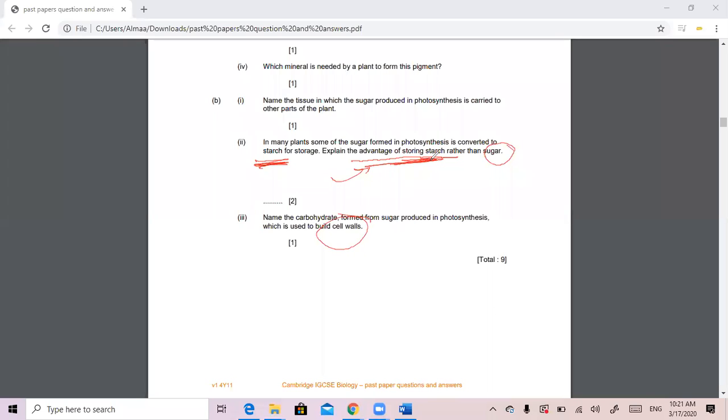Name the carbohydrate formed from sugar produced in photosynthesis. The carbohydrate which is used in building the cell wall. I want cell wall. What is the carbohydrate we use in formation of the cell wall? I want another one because Iyad has some questions.